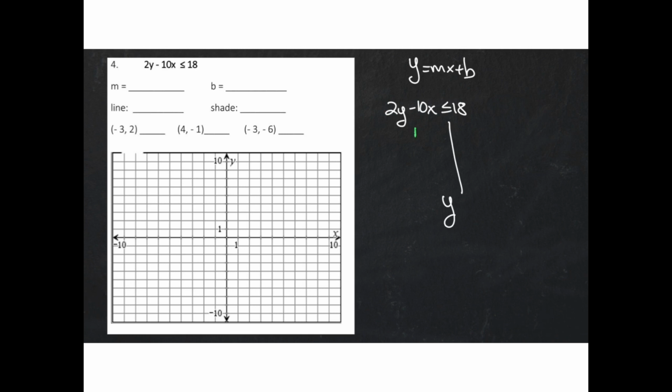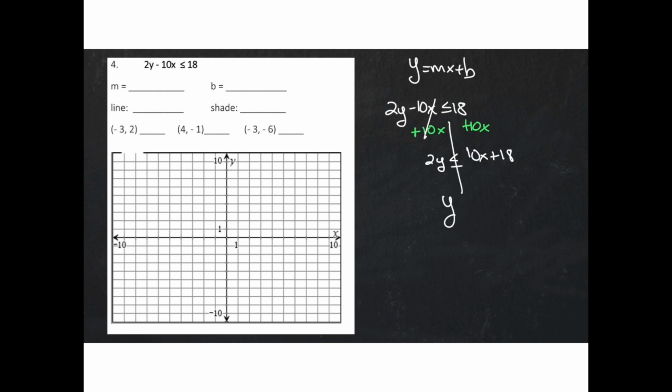It has to be first. So I add 10x and I do it to the other side. So those x's are going to cancel. Now I have 2y. And then I have 10x plus 18. And we haven't done anything to flip our symbol, so it's going to stay like that.